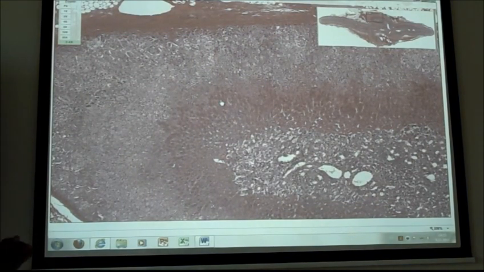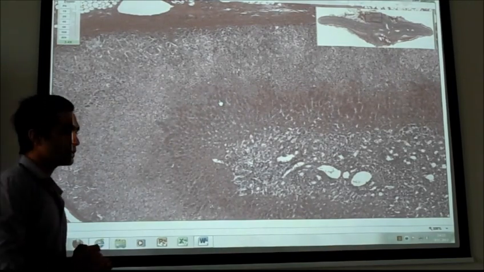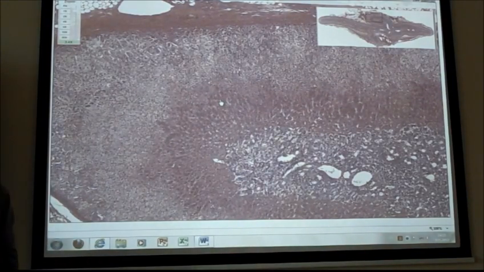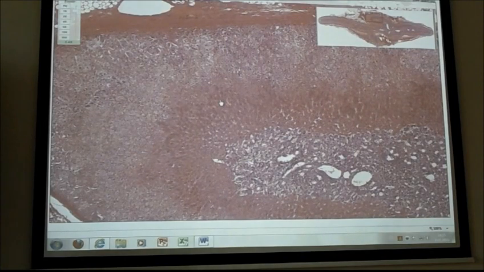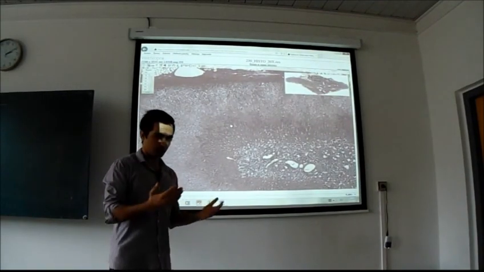The function of this zone is to secrete aldosterone. Aldosterone in the body has many functions. Their function is mainly to absorb sodium with water, increasing the blood pressure.